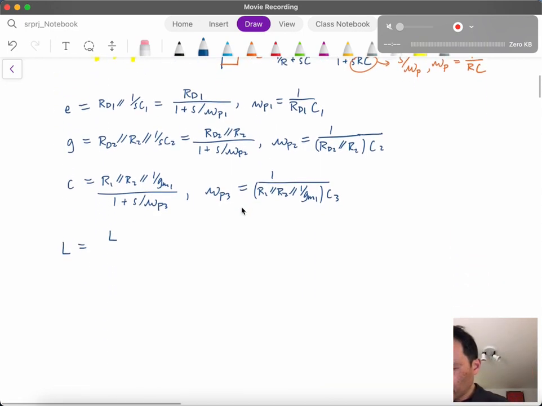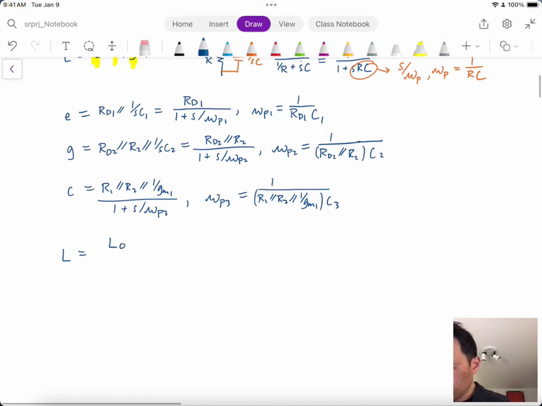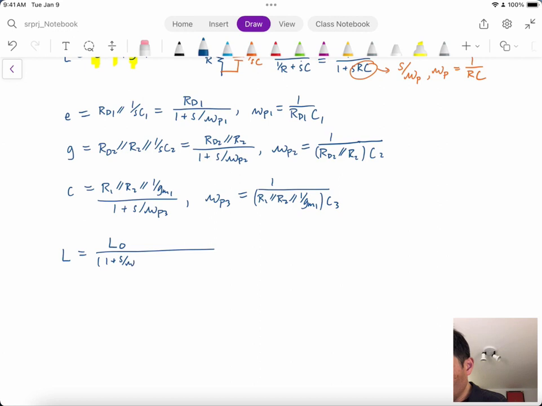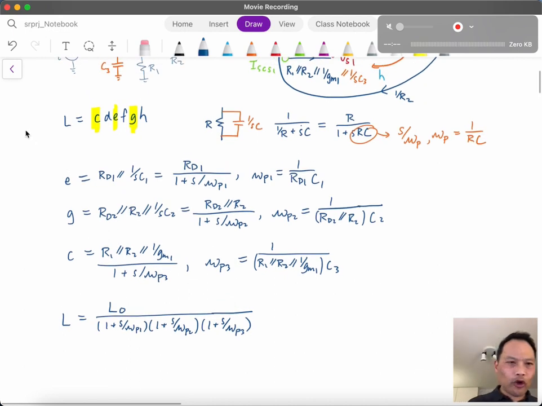We could just call that loop gain L0, and then we add the denominators here: 1 plus S over omega P1, 1 plus S over omega P2, and 1 plus S over omega P3. Again, this is just the loop gain because we're simply multiplying that out, and these are the new terms that are introduced.